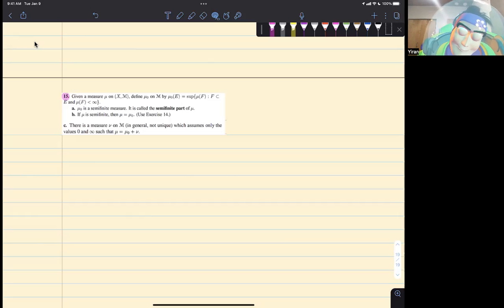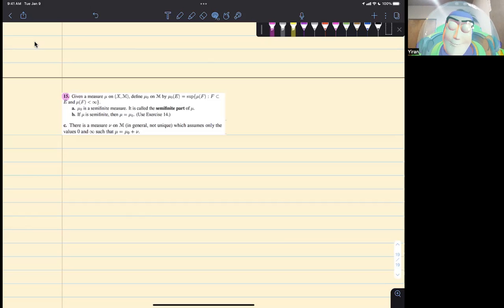Let's make a new name for this. Let's call it FJ, are disjoint. Okay. And so we choose a subset of E and we split the subset F into countable pieces.